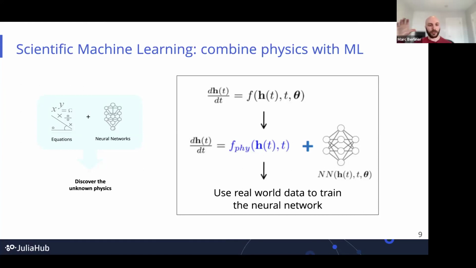And you can take your equations that you've specified, and you can combine them with machine learning models to try to learn some of this unknown behavior. That can include these degradation methods, as well as things like the electrolyte behavior, or really any diffusion in the system. It really depends on what you want to learn and what kind of data you have available to train these neural networks for your system.